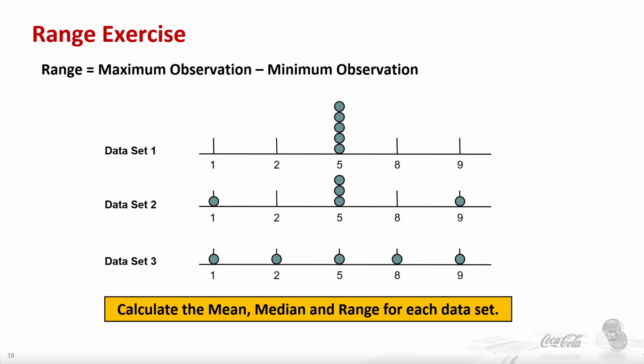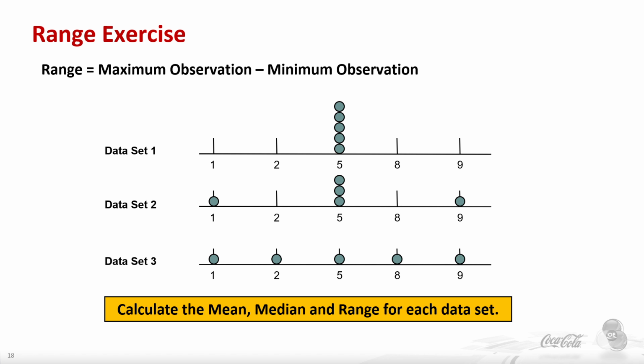Similarly, if you want to calculate the mean and median of this data, it will be very simple. For data set 1, the mean will be 5 and the median will also be 5, because all the data is lying on 5. For data set 2, the mean of this data will be the addition of 1, 5, 5, 5 and 9.